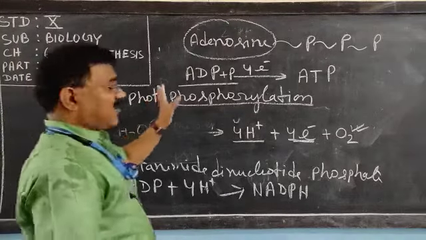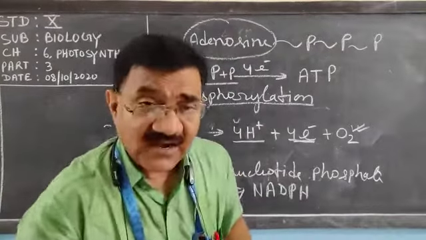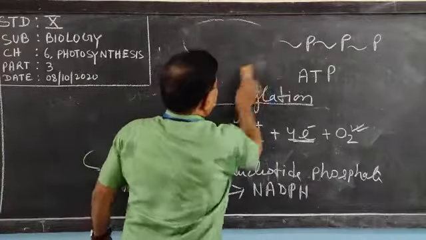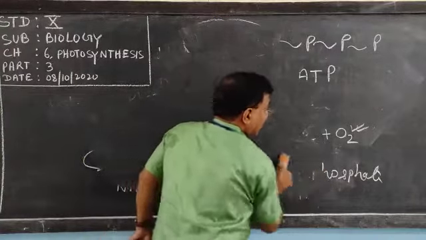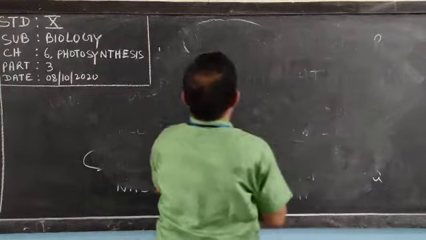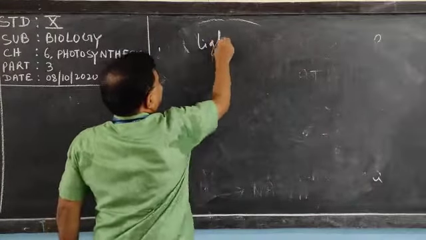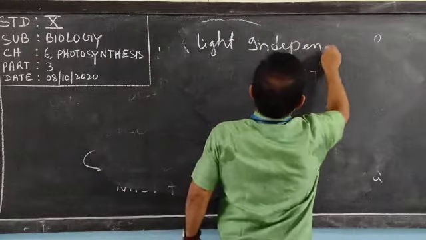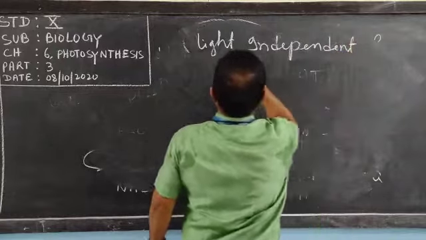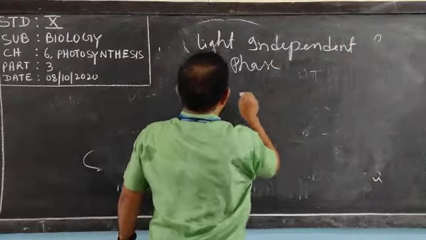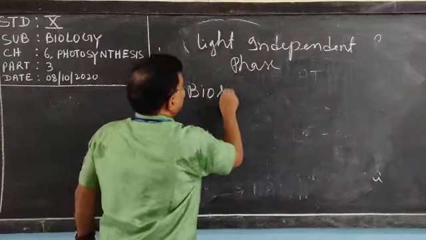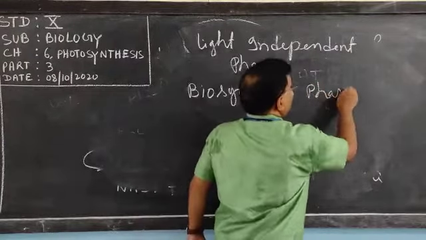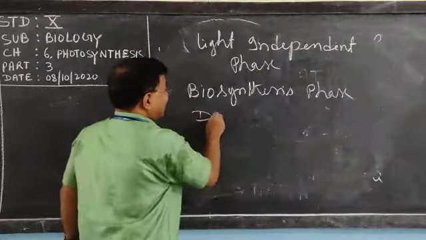now we have understood this next phase, the light independent phase. It means light is not necessary. The light independent phase is also called biosynthesis phase, or earlier it was called the dark phase or dark reaction.